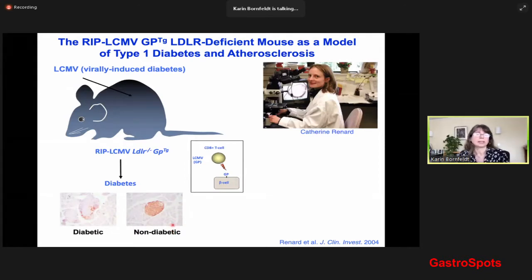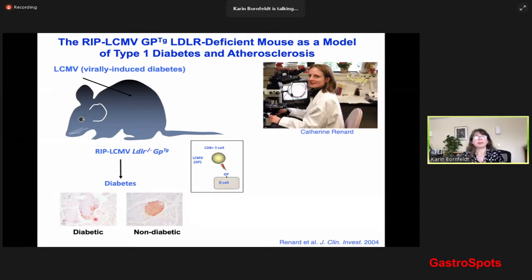Here you can see cross sections of an islet from a non-diabetic control animal where this brown reaction product indicates insulin. And here is an islet from a diabetic animal from this model. And you can see very little brown insulin staining here. And actually we had to look around hard to find an islet that had some insulin staining. So insulitis and then loss of endogenous insulin production.